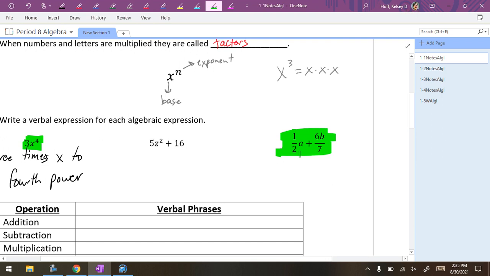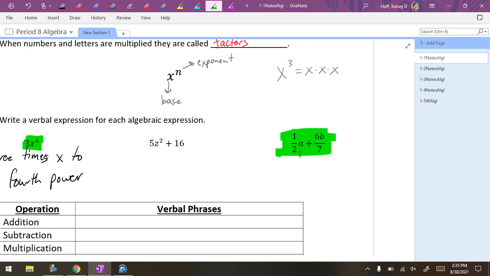Watch where your variable is located to make sure that you write the phrase correctly. Any volunteers on this one? Jackson already gave me an answer.